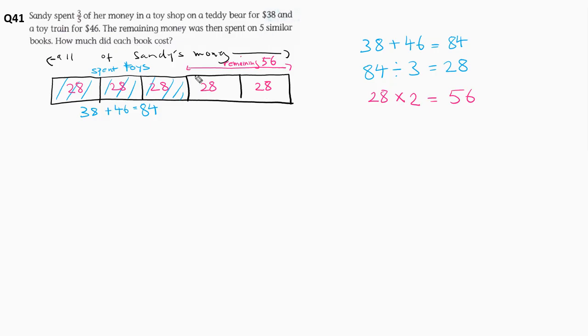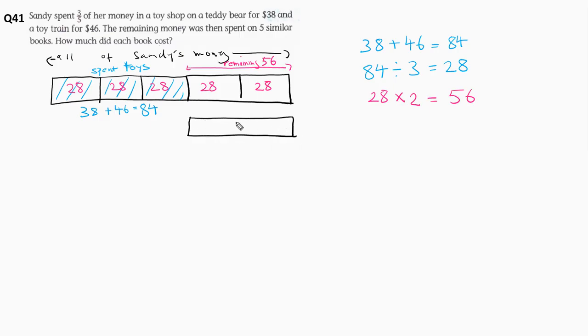It might be obvious to you already that we need to divide 56 by 5. But because this has been split into 2, we could just draw another bar here.